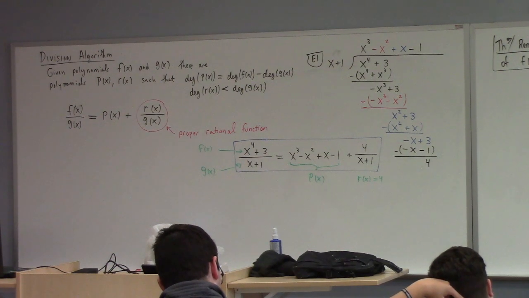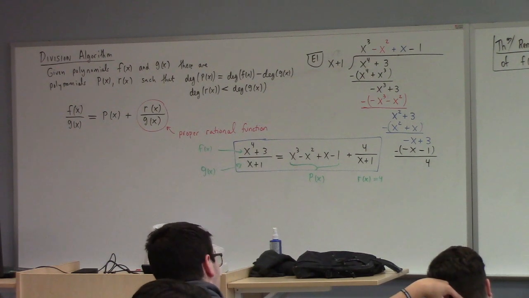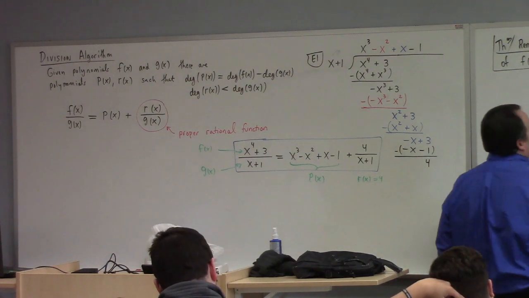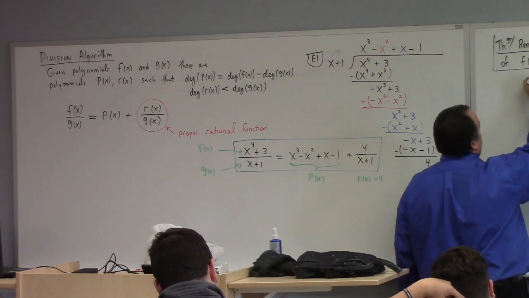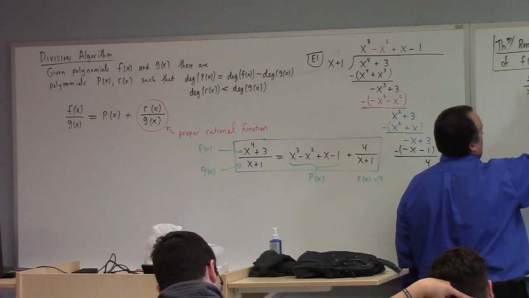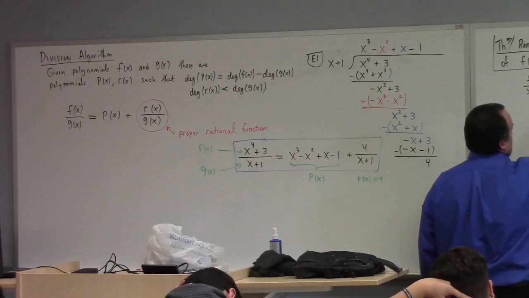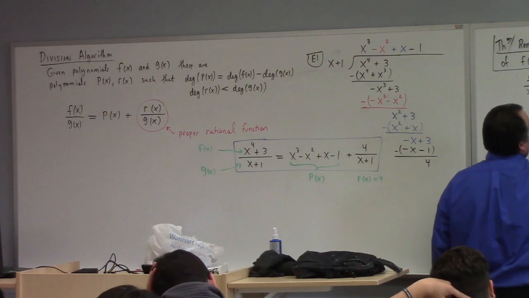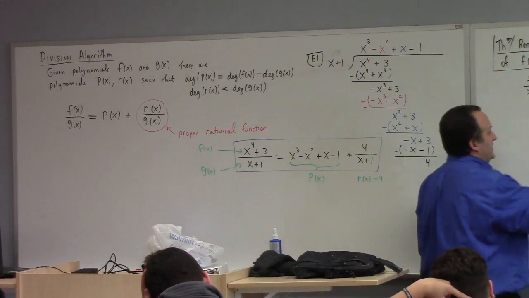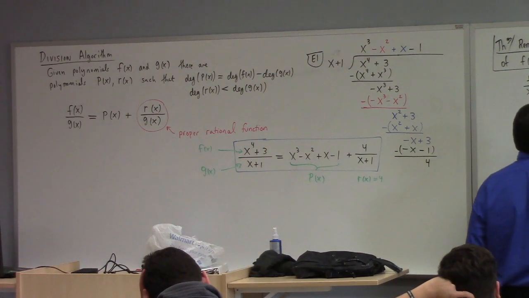So let me explain to you why that's true in terms of the division algorithm. What does the division algorithm say? It says that if we take f of x and divide by x minus c, that's equal to p of x plus the remainder divided by x minus c. Now, why do I know that the remainder is just a constant in this case?